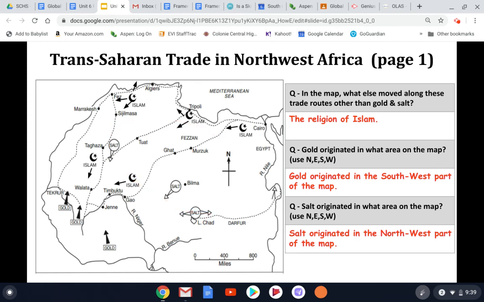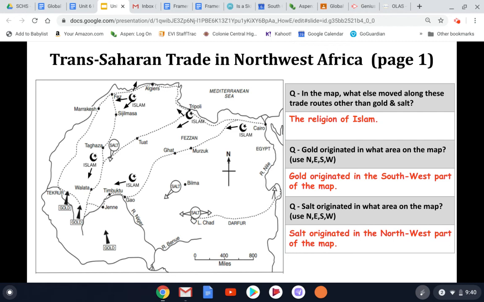So that kind of covers our introduction of our first page. Gold and salt is going to be a prevalent, important theme in this unit. It helps two or three different African kingdoms arise and prosper quite a lot. And that kind of finishes off where I want to stop today.